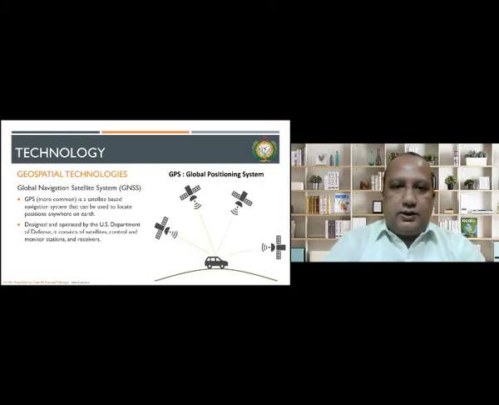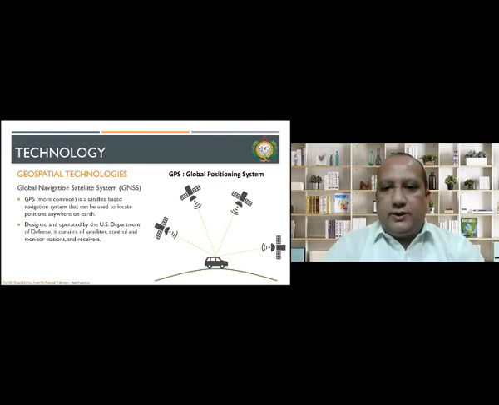Who designed it? It was the U.S. Department of Defense, and it consists of satellites, control and monitor stations, and receivers. I'm showing it with the help of an animation: these GPS satellites, or the GNSS satellites, send signals, they strike an object, and those signals are sent back to the satellite.